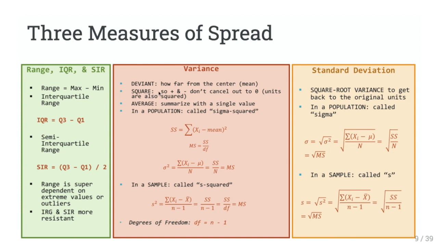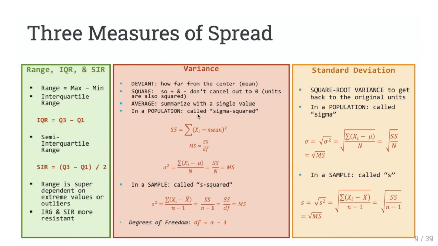We use the square so the pluses and minuses don't cancel out to 0, because if we just subtract the mean and add those all up, the mean is the balance point, and so the sum will always be 0 when you take all the values minus the mean and sum that up. So we do the square. The square makes them all positive values.